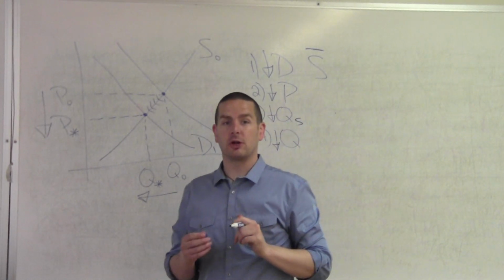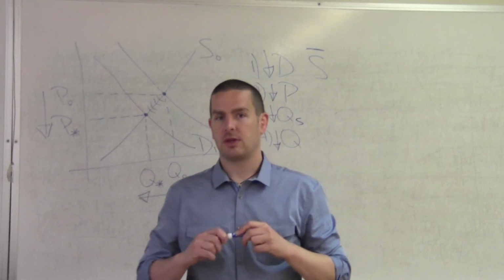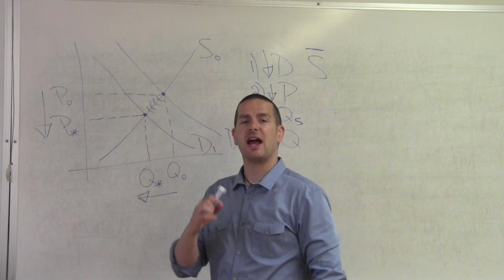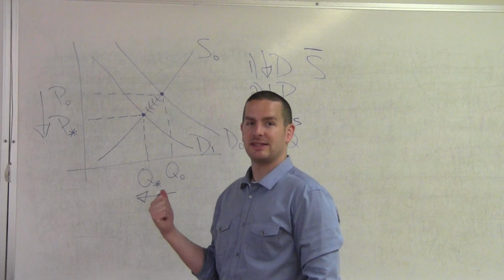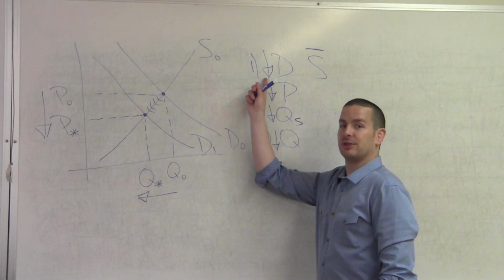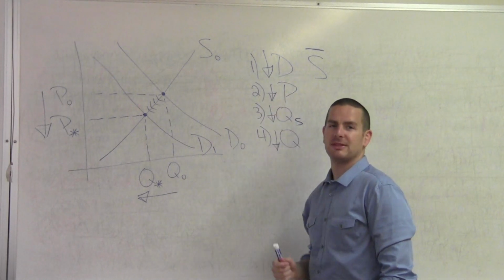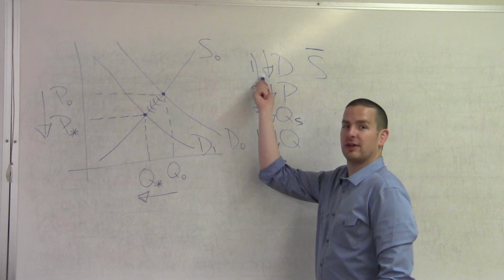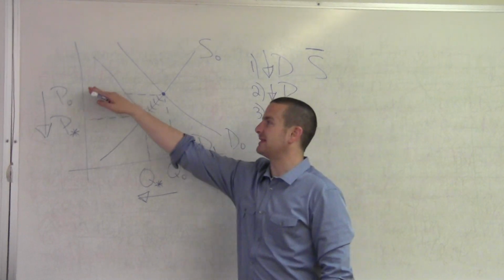So if the stock market crashes, what's going to happen to the economy? This analysis says that if the stock market crashes, demand will decrease, nothing's going to happen to supply initially. And so once demand decreases, that's going to push prices down.